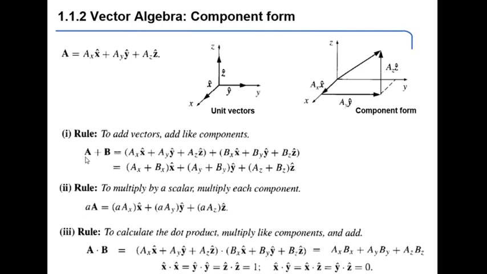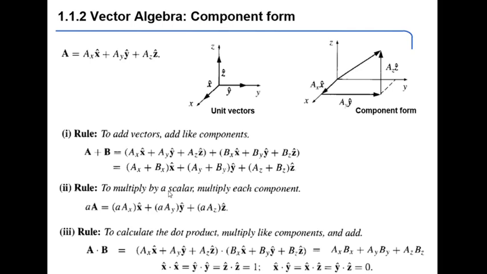So A plus B is basically a combination of AX x cap plus AY y cap plus AZ z cap. The main underlying part is you have to add the components in the same direction, that is x cap or y cap or z cap. So AZ plus BZ, AY plus BY, and AX plus BX only.